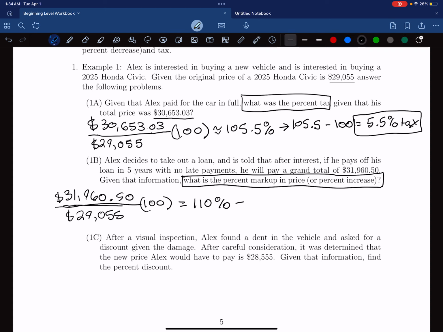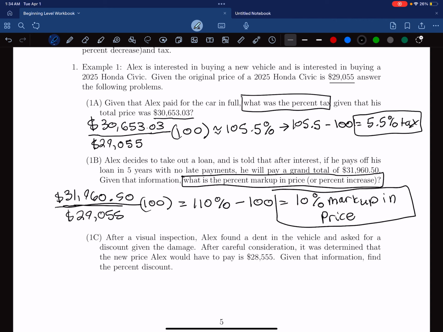So we're going to take this value and subtract it by 100. And that's going to get us a 10% markup in the price. So our price went up by 10% in this case.